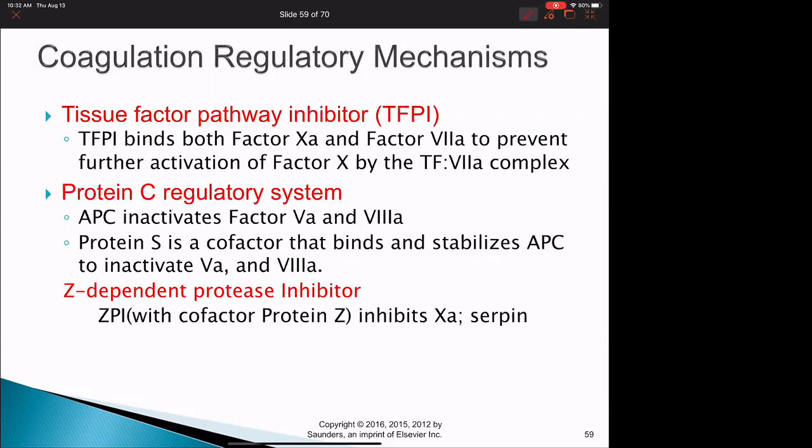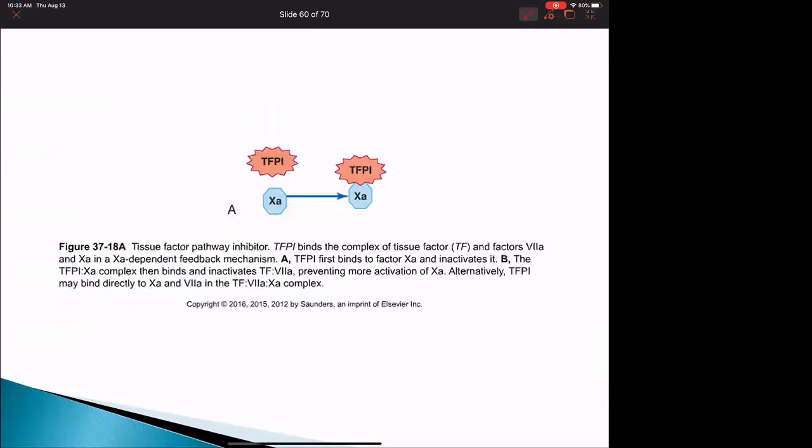Protein S is a cofactor for this process that binds and stabilizes activated protein C to then inactivate activated factor 5 and activated factor 8. C-dependent protease inhibitor, CPI, is a cofactor protein Z, which inhibits activated factor 10, and it is a member of the serpin family. So I have some pictures here that I can use to explain those other regulatory mechanisms.